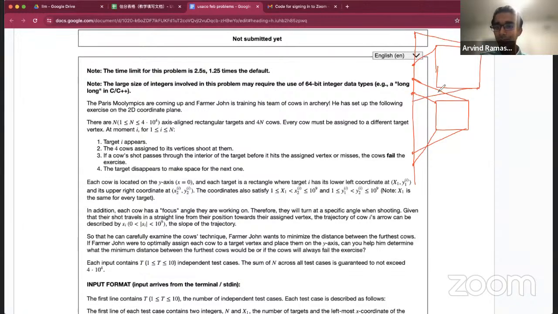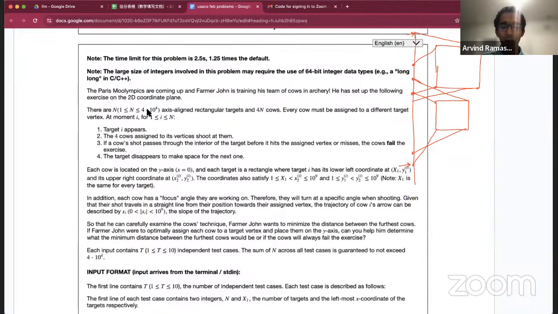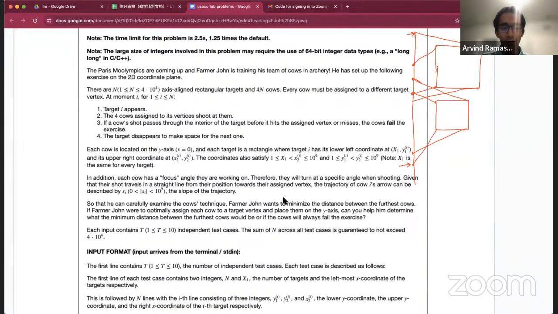You have 4n cows, and each one has some predetermined slope. You want to assign the cows such that the difference between the max y coordinate and min y coordinate is minimized. Here n is up to 4 times 10 to the 4th, and the slope can be up to 10 to the 9.